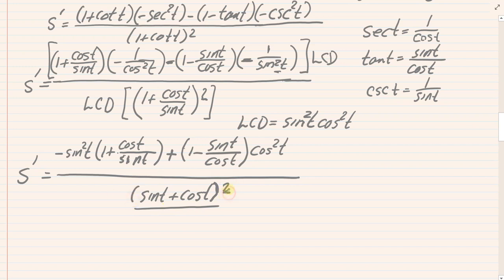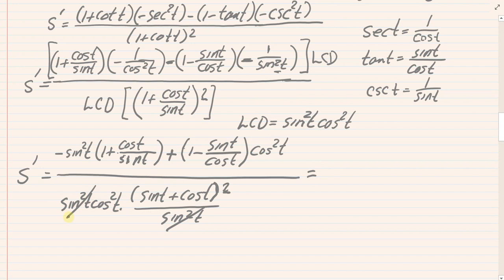I'm combining these two, so here's the numerator divided by sine squared t, and then squaring them at the same time, multiplied by the LCD. When we do that, let me write the LCD now. The LCD is, remember, sine squared t cosine squared t. So sine squared t is crossed out.